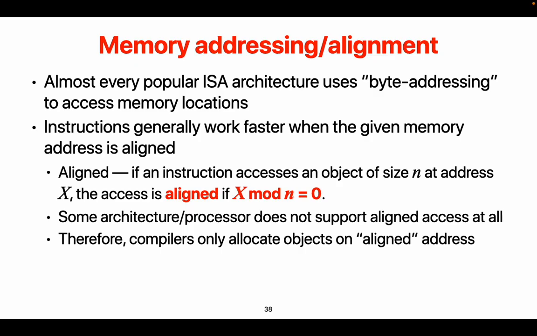for data access instructions: the memory address that we use for each instruction, if it is an instruction that accesses 4 bytes, for example if you want to load an integer or a floating point, that particular memory address must be divisible by 4.